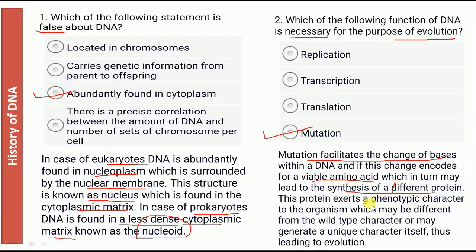This protein exerts a phenotypic character on the organism which may be different from the wild type. So if there is a change of bases and it results in a different viable amino acid, then a different protein is formed, resulting in a phenotypic character different from the wild type character. Finally, this leads to the formation of a unique character, and this is what finally leads to evolution.